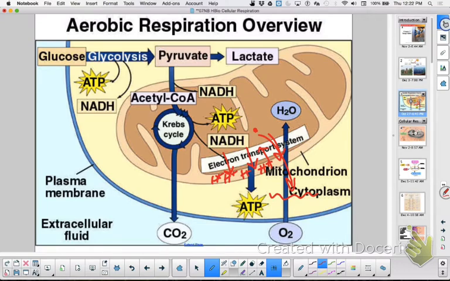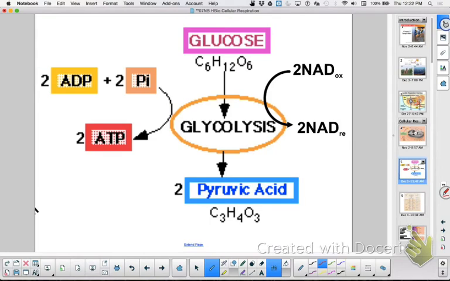So basically what we did in class is talk about each of those steps so we could understand it better. So let's just go to the Minecraft version of glycolysis. And we know it's getting shown as one single reaction, but we all know how many steps it actually is?